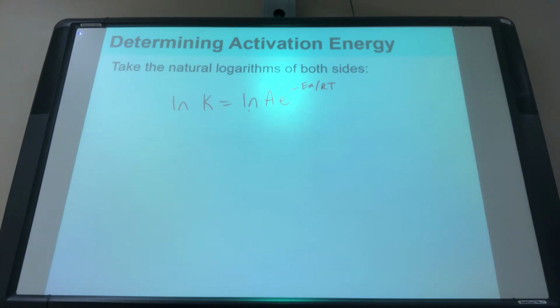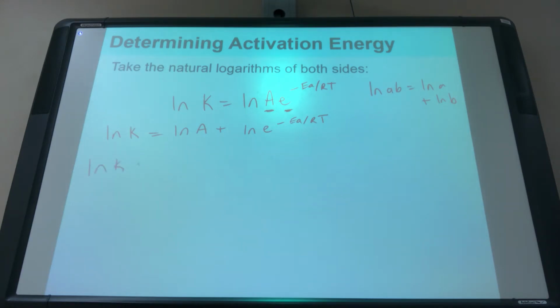One of the rules of natural log is ln of AB is equal to ln of A plus ln of B. So I can separate it out: ln of A plus ln of e to the negative Ea over RT. Also, if you take ln of e to something, the exponent comes down and goes in front.